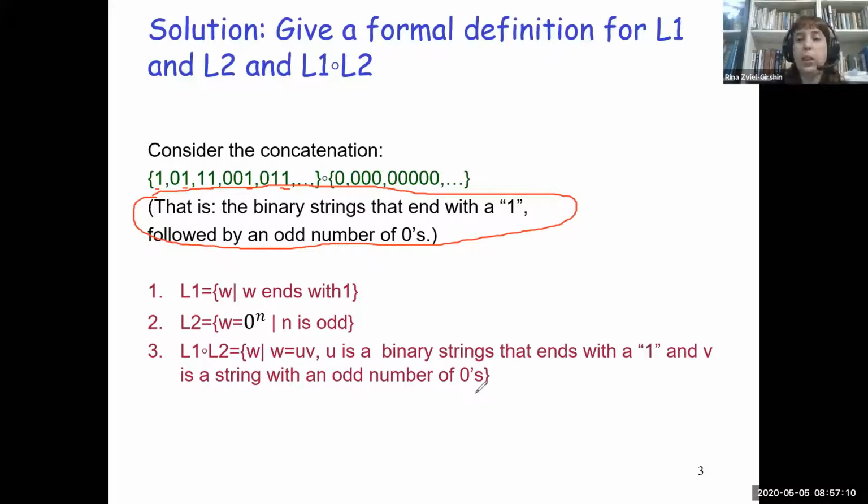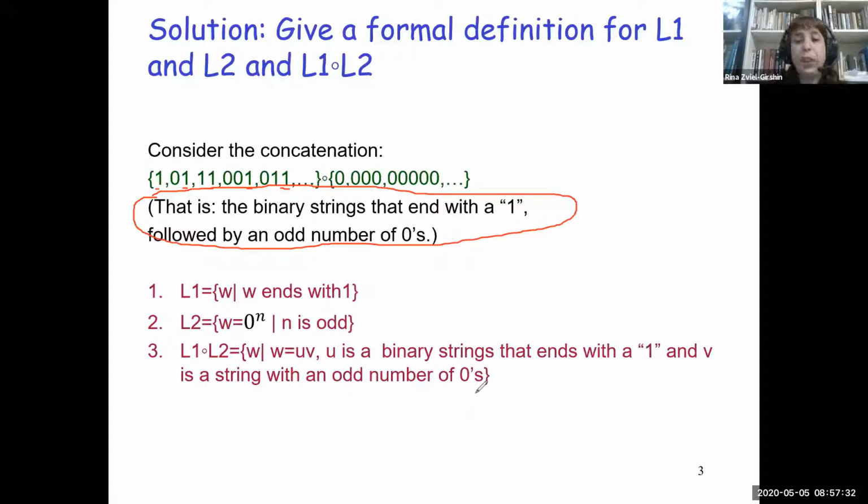Any questions until now? So why don't you just say that U is in L1 and V is in L2, instead of writing it out? Exactly. If L1 and L2 are presented in the same question, you can also write U belongs to L1 and V belongs to L2.